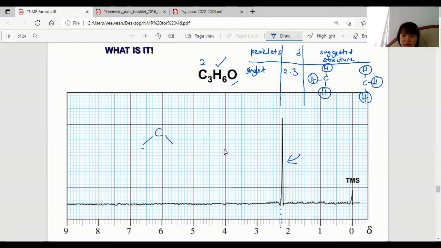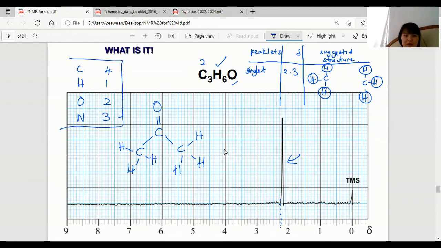So let's draw this CH3 and another CH3. What do I have left? Another O. Do make sure that all your carbons have 4 bonds, your hydrogens have 1 bond, your O have 2 bonds, and your N have 3 bonds, the basic organic chemistry knowledge.